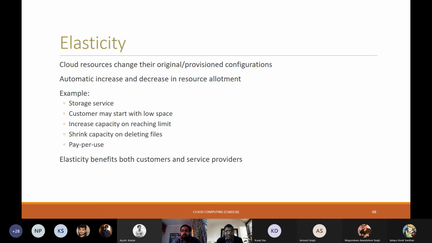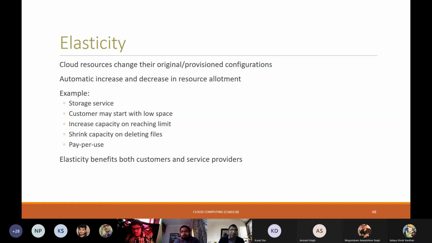Elasticity benefits both the customers as well as the service providers. It also helps in the sharing of the resources, because ultimately these resources are limited, right? Even if you are talking about a large amount of resources in cloud, they are still limited.